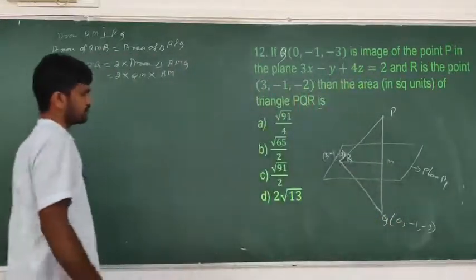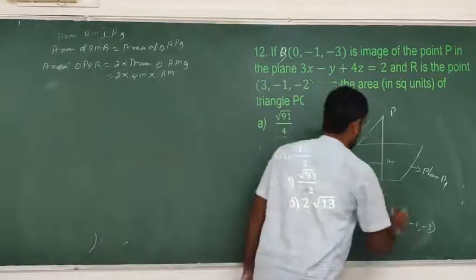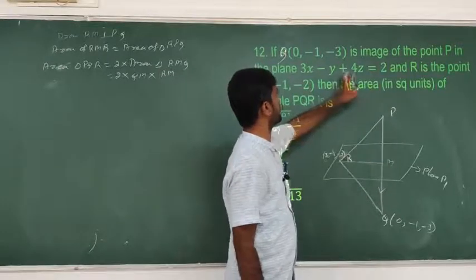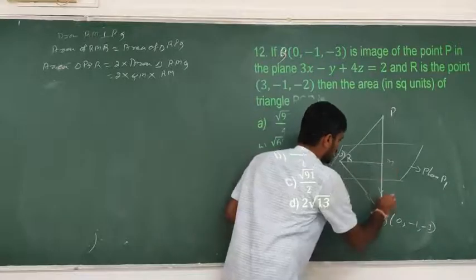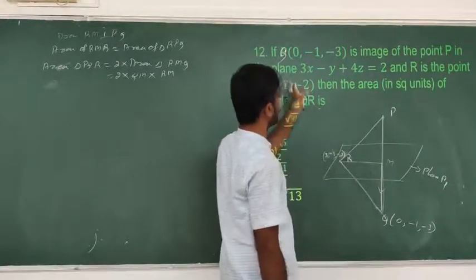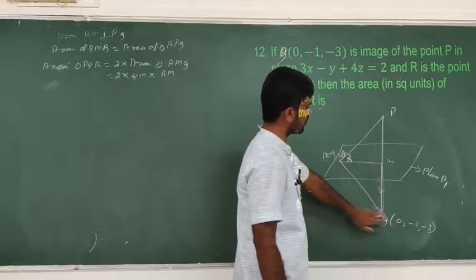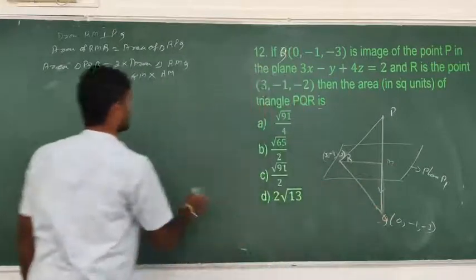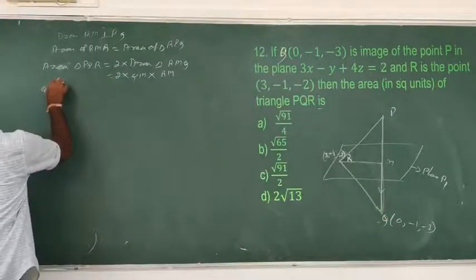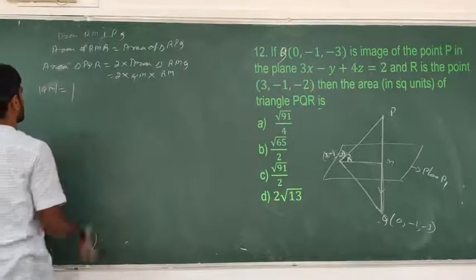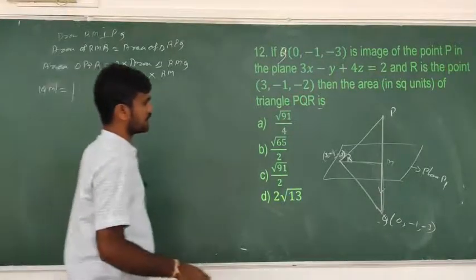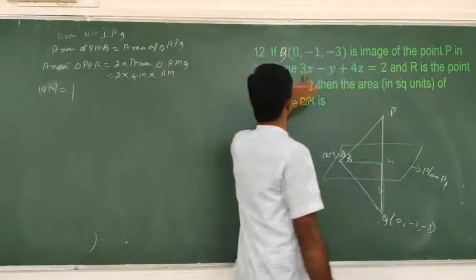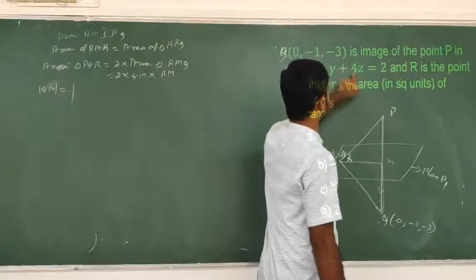QM is the vector which is perpendicular to the plane 3x - y plus 4z is equal to 2, right? So this vector QM is the distance from point Q to the plane 3x - y plus 4z is equal to 2. So then QM is equal to modulus of, x1 is 0, y1 is -1, z1 is -3, and the value of A is 3, B is -1, C is 4 and D is -2.